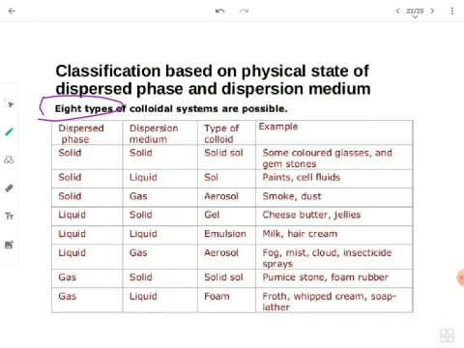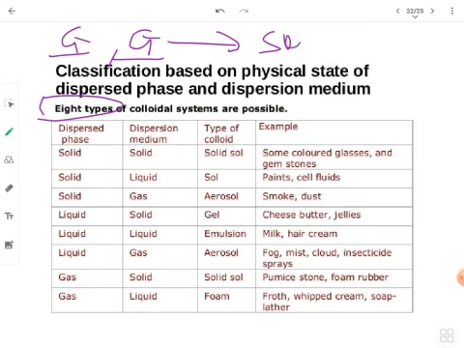Why is that so? Because जो आपका 9th केस आता है जिसमें आपका dispersed phase and आपका dispersion medium दोनों gaseous form में है, it is found that जब भी कोई दो gases mix होती हैं, they always mix to form a solution.